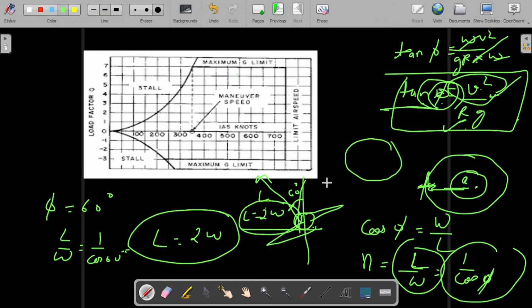Now, we have discussed that load factor can vary from 1, where the lift and weight are equal, to 2, 3, 4, depending on the banking of the aircraft. Load factor also increases, and I'll give you an example. You can do the mathematical equation later.